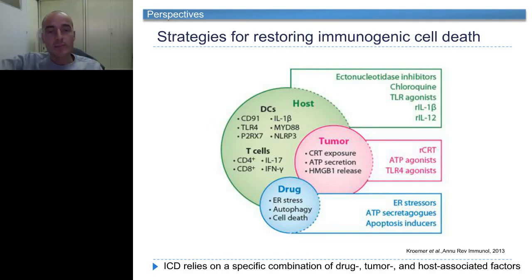And then this immune system can mount an immune response towards resistant tumor cells or to dormant tumor stem cells.